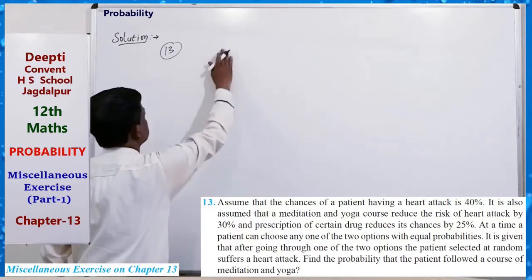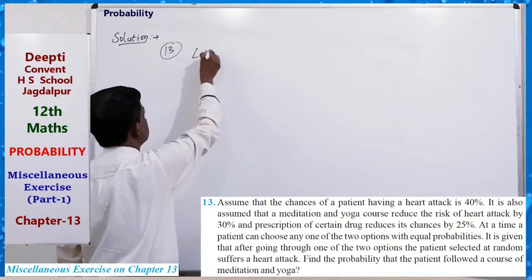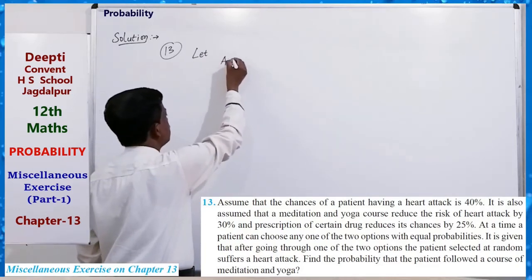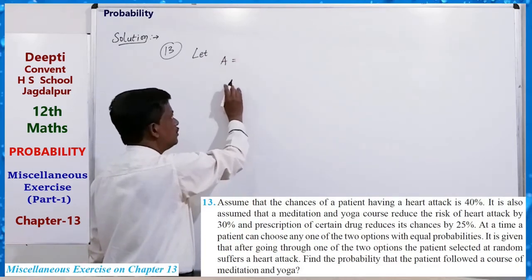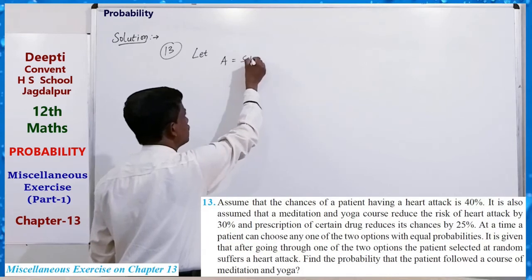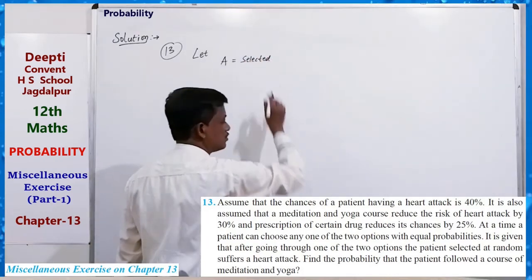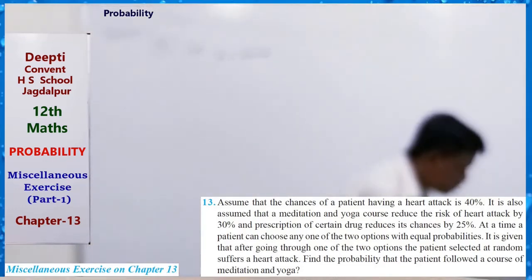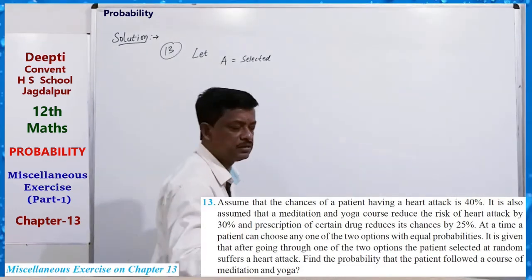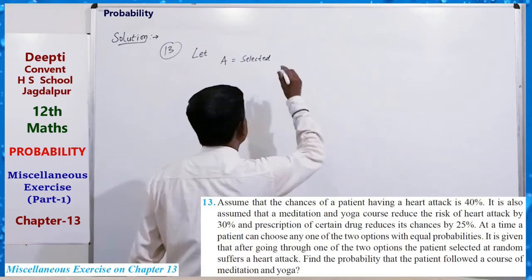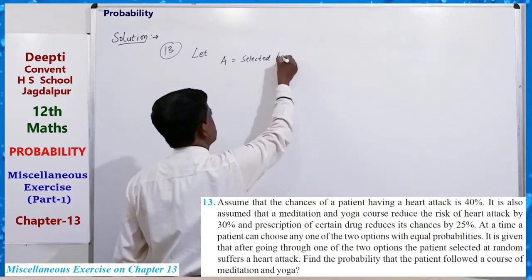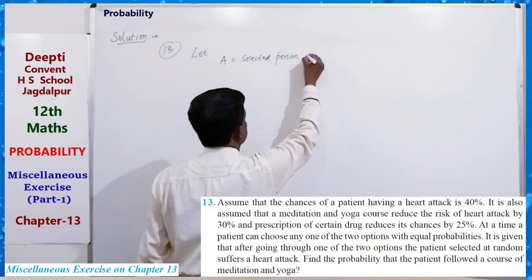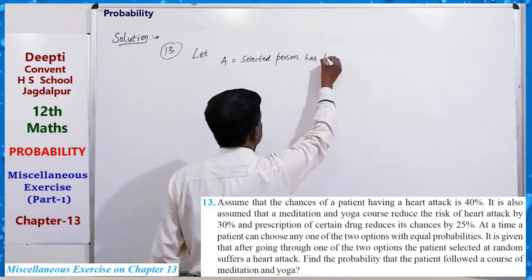Okay, so let there be three events. First event A: the selected person has a heart attack.